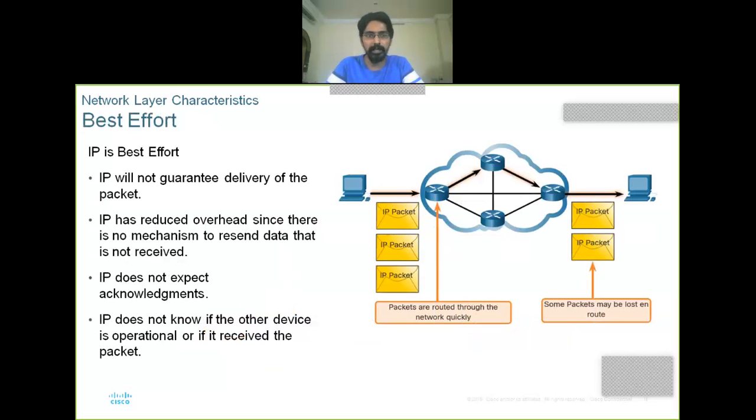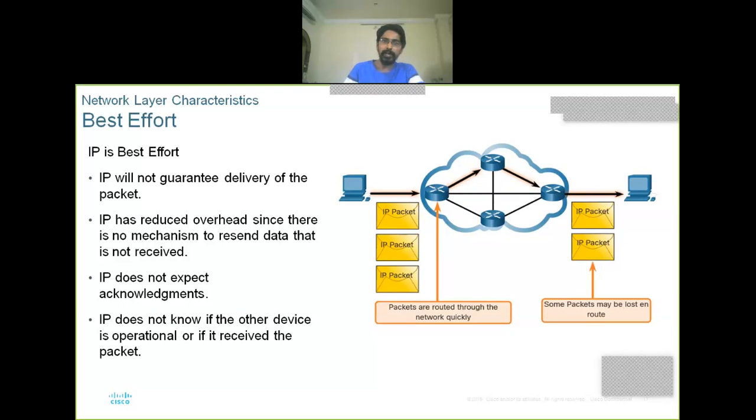Next, best effort. What does best effort mean? IP doesn't guarantee delivery of the packet. Next, IP reduces overhead since there is no mechanism to resend data that is not sent. There is no resend mechanism in IP. That's why it will not guarantee the delivery of a packet.